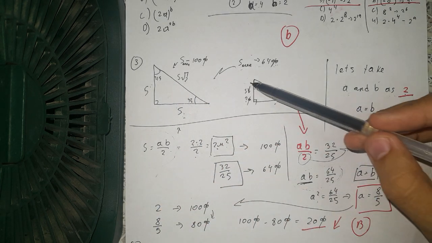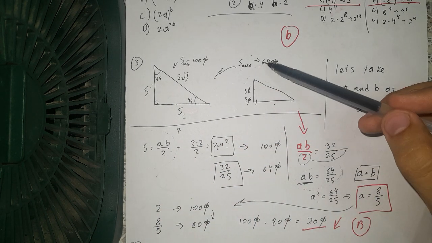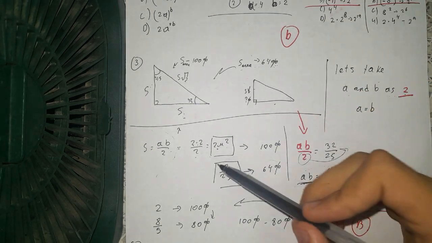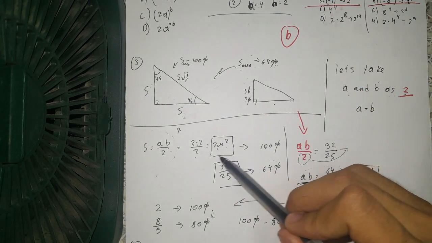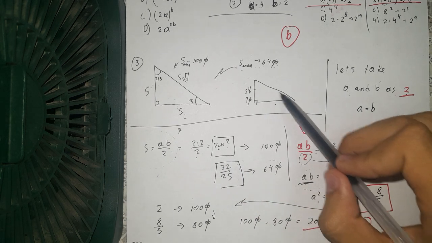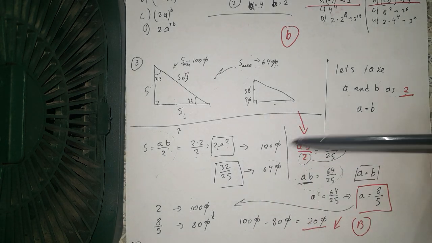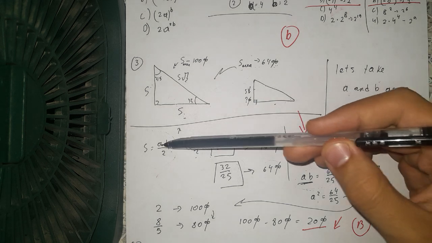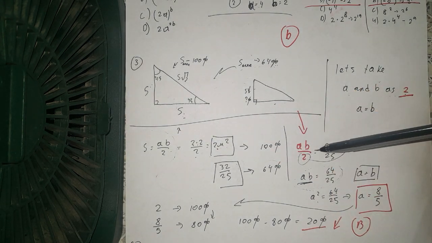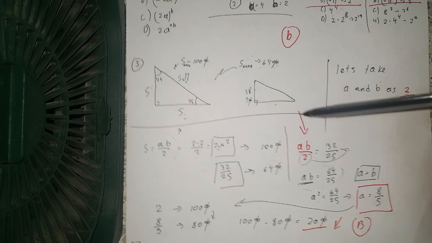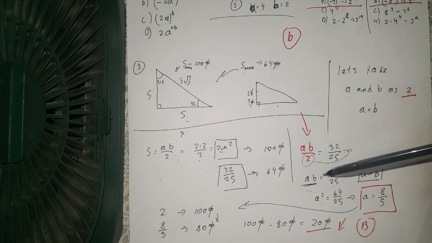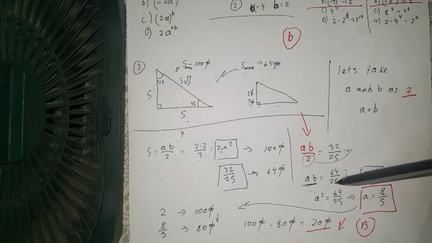And to find the area of this, you know that it is 64% of this. We calculated and found that this is the area of this. So we know that the formula of area is this, putting this and equals to this. The 2 is multiplied there, and a and b equals to 64 divided by 25.